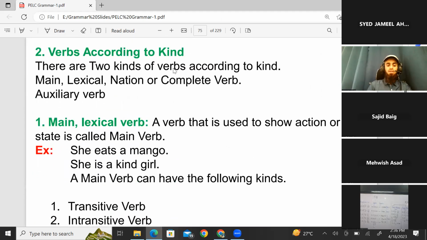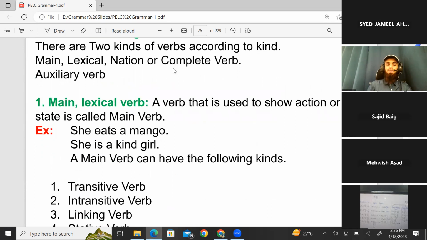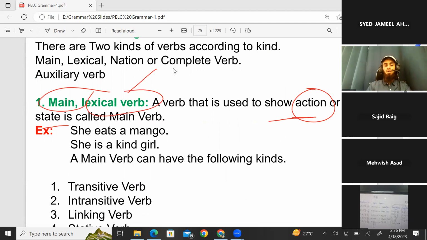The first one, which is very important, is called the main lexical verb. This verb shows a state or an action in a sentence. Whatever verb shows an action or a state, the simple definition of a verb, you can put here under main verb or lexical verb. For instance, she eats a mango.